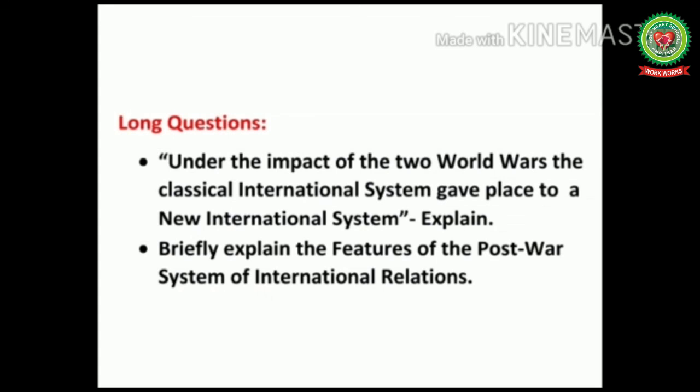The questions related to today's topic are: the long question is question 3. Under the impact of the two world wars, the classical international system gave place to the new international system. Explain. And question 4. Briefly explain the features of the post-war system of international relations.